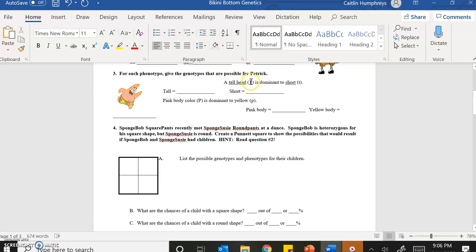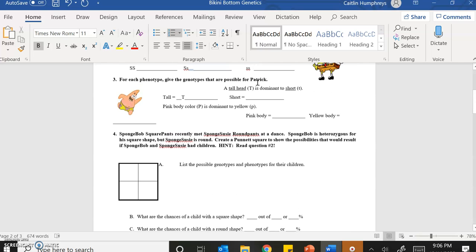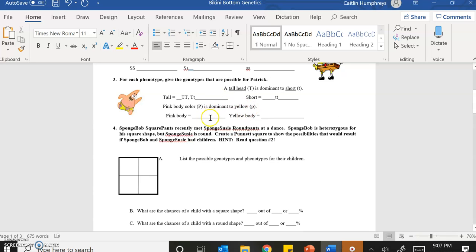So tall head is capital, so we can have a big T, or it says all possible combinations, so we can do big T, little t as well. Short, we know, can only be little t. If pink is dominant to yellow, do the exact same thing. Create the genotypes. You did this for your project already.